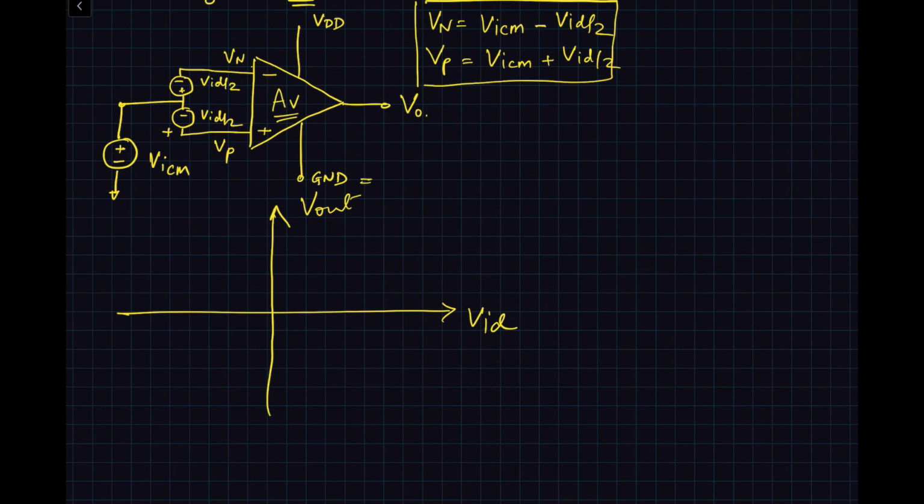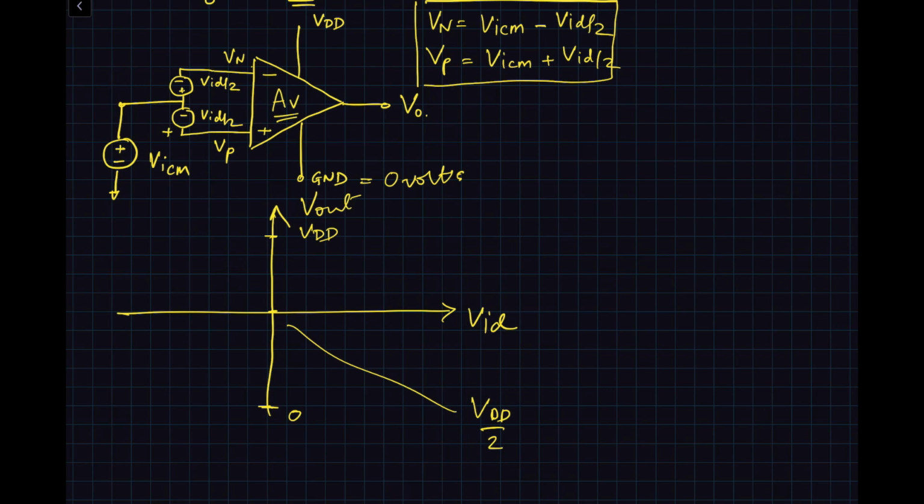Ground here is equal to 0 volts. For the sake of discussion, I'm going to call this 0, and this will be my VDD. If I apply VID, then we can call this center point, which is VDD divided by 2, our analog ground, around which the output can be.